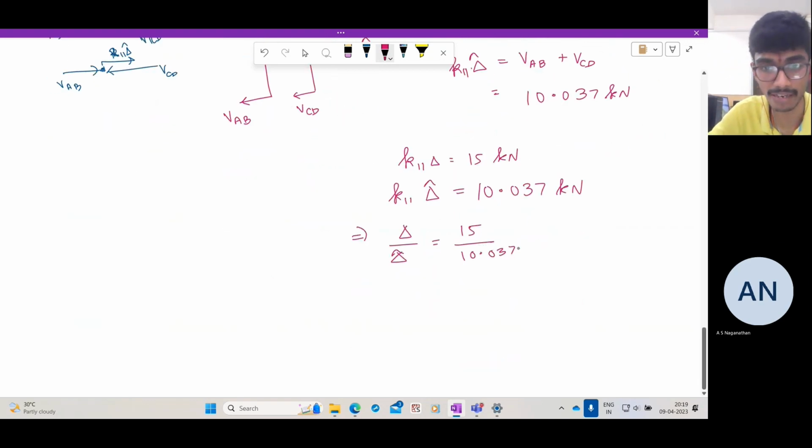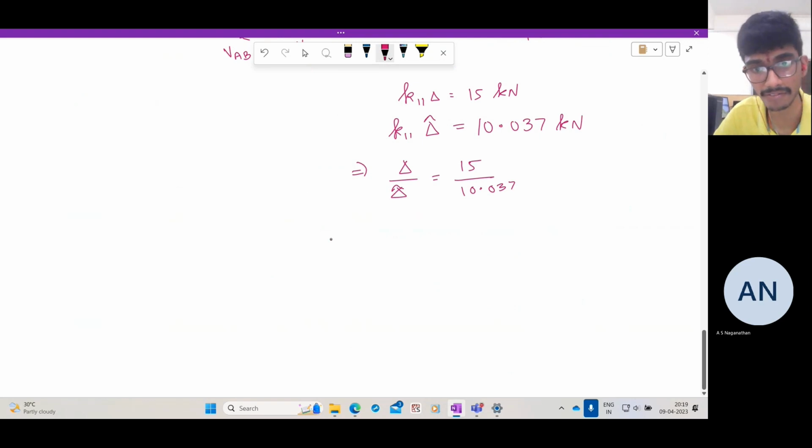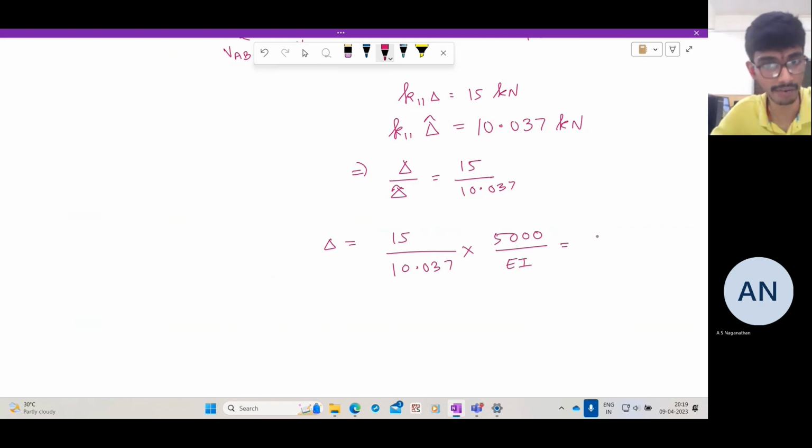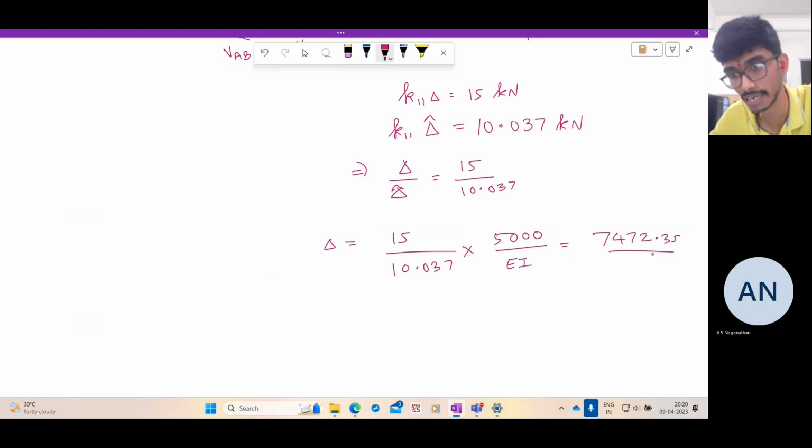And delta cap, we have already chosen it as 5000 by EI. So delta is equal to 15 by 10.037 into 5000 by EI. So we'll find what this is. So 15 by 10.037, this is something like 7472.35 by EI.